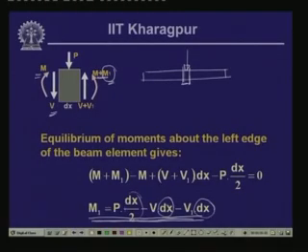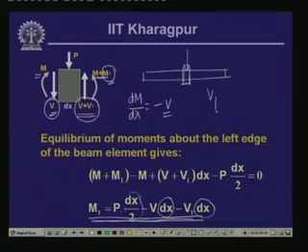But what happens is that there will be a change in the rate of change of the moment. As we have seen, dM/dx equals minus V. On this side we have V, and on this side we have V plus V1, and as we have seen from vertical equilibrium, V1 equals P. So, on this side the rate of change of moment dM/dx equals the negative of V plus V1.